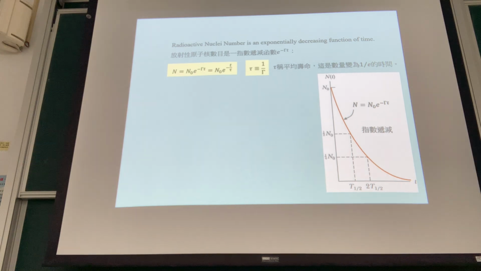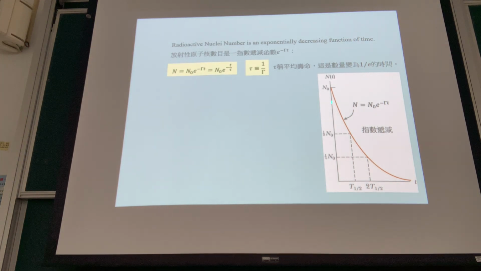Now, let me show you some of the properties of this exponential function, N0 times e to the minus gamma t. Because it happens so often in the physics world, some of the simple properties will feature very, very often in your learning. For example, this kind of function we usually call an exponentially decreasing function of time, because it's an exponential function, of course.